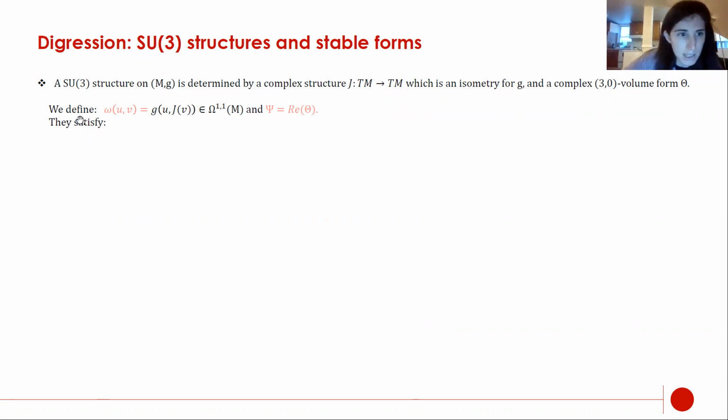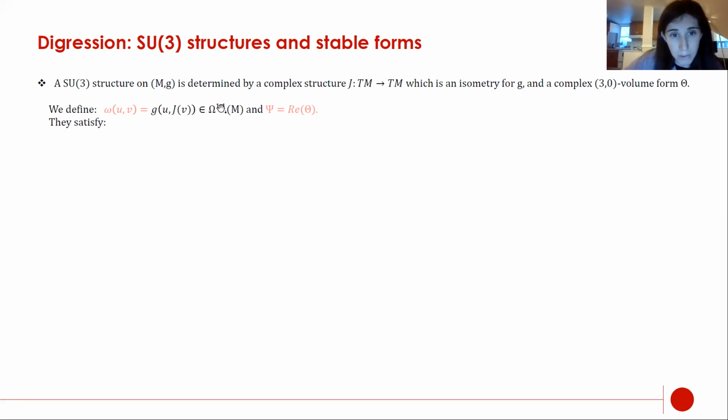But in these cases, the two form acting on U, V equals the contraction of the metric and the tensor J evaluated on U, V. And this is a 1-1 form, and psi equals the real part of the complex volume form.